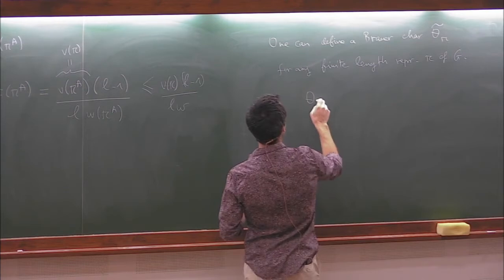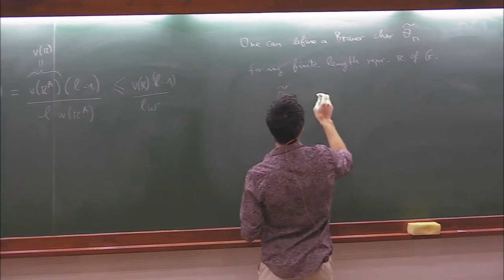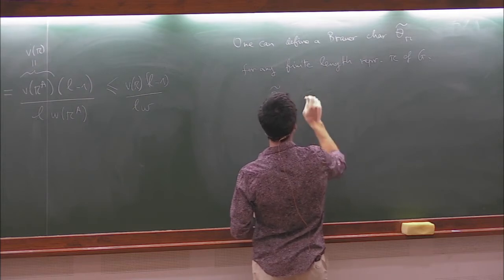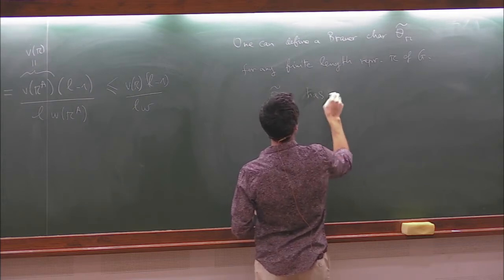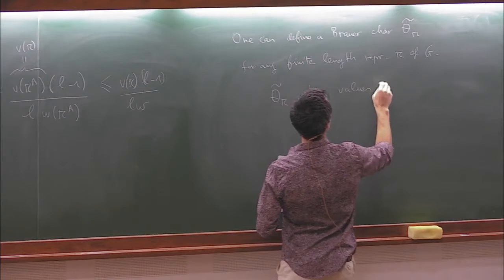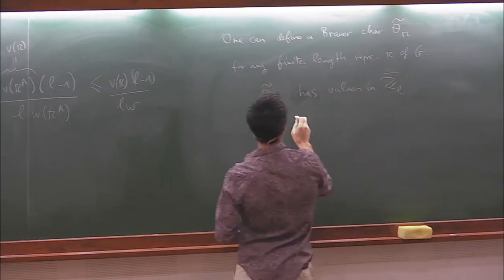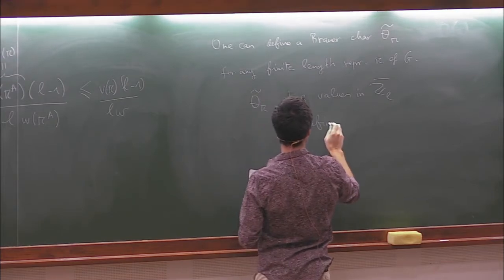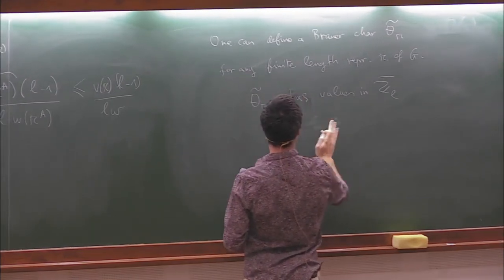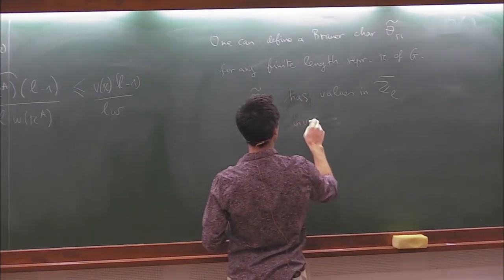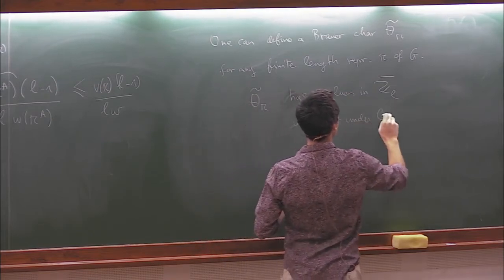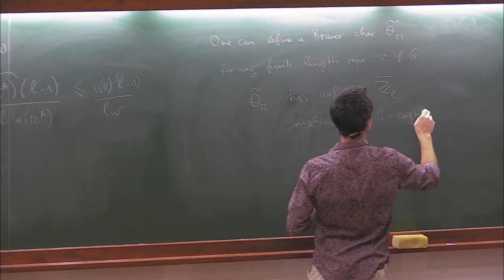And so theta pi tilde is a function which has values in ZL bar. It is invariant under G conjugacy.